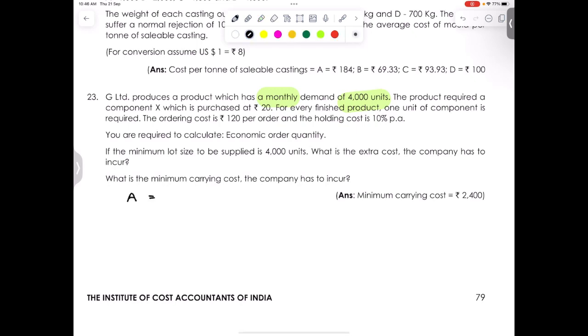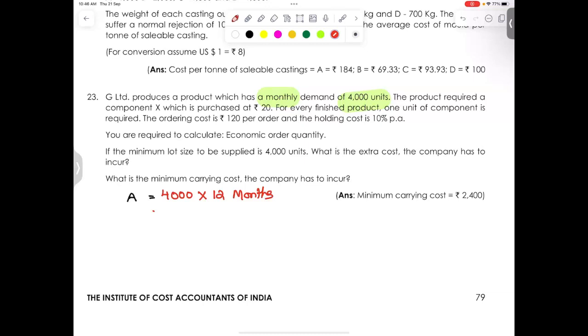So the very first point is 4,000 units of raw material multiplied by 12 months is equal to 48,000.